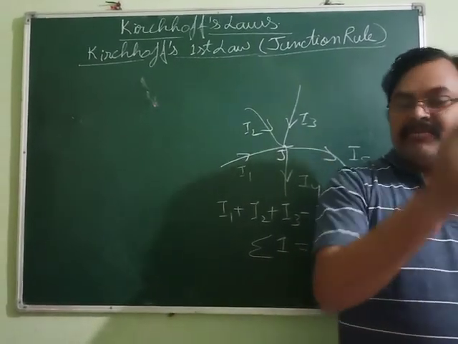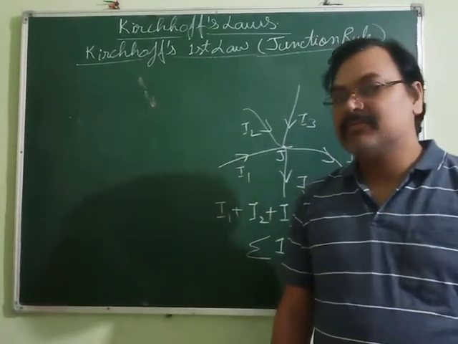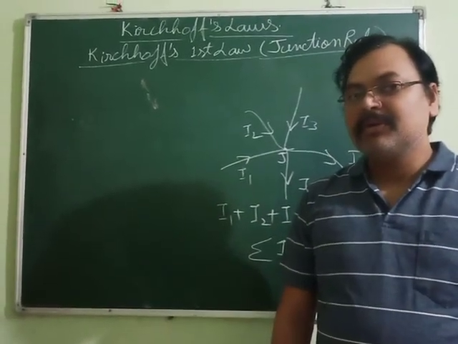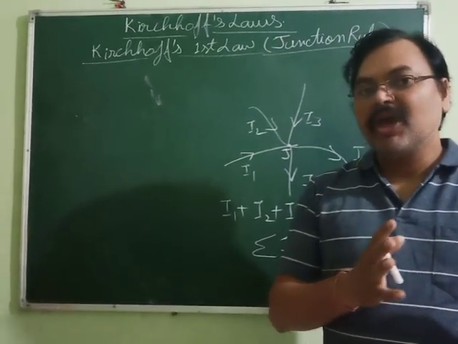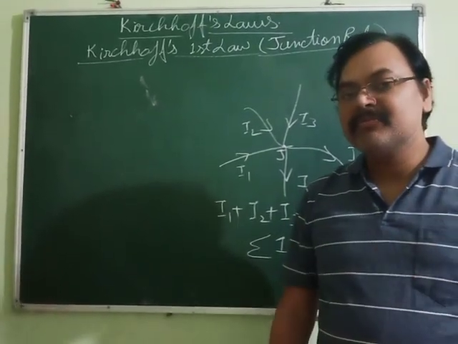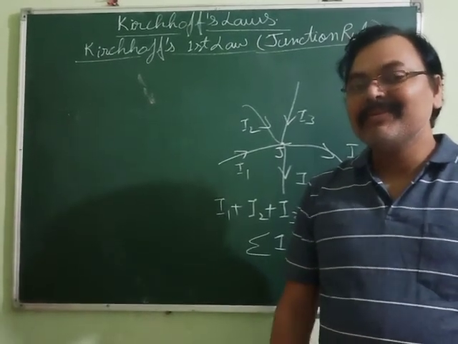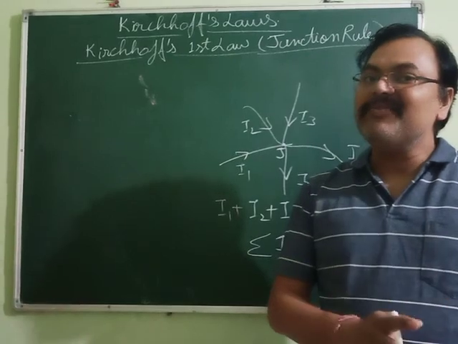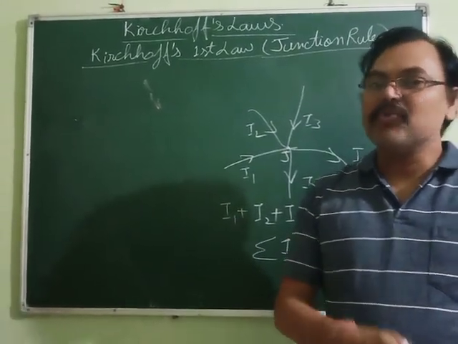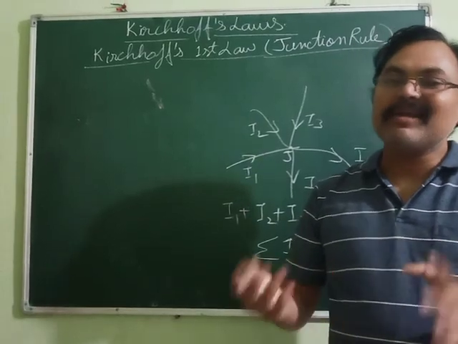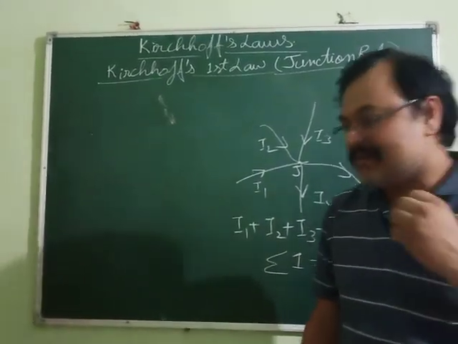It means that the net current approaching the junction is equal to the net current leaving the junction. Full stop.